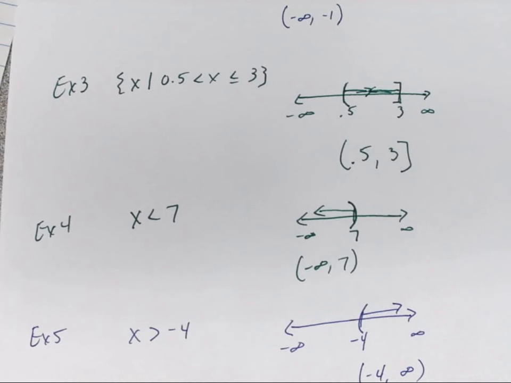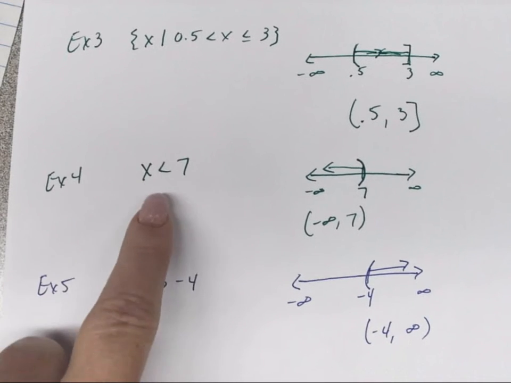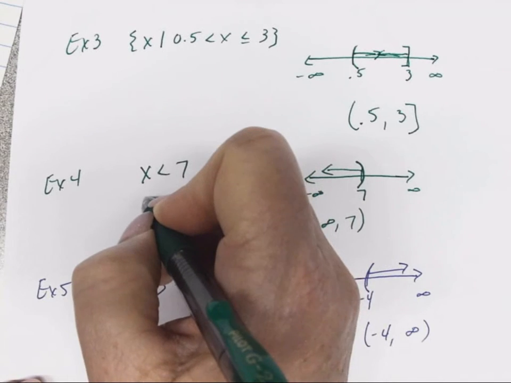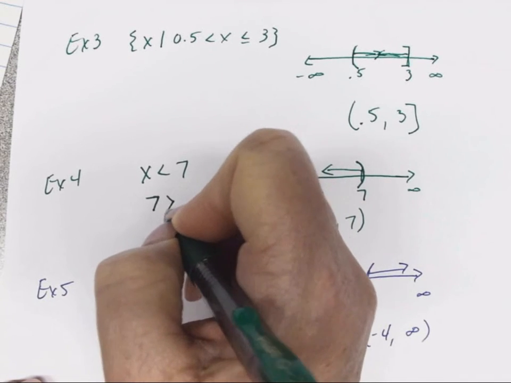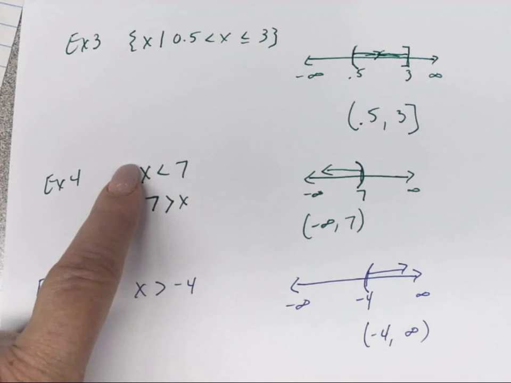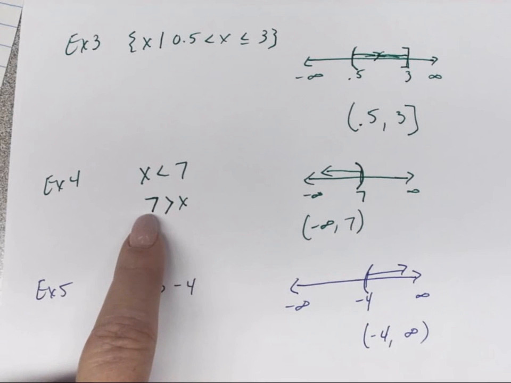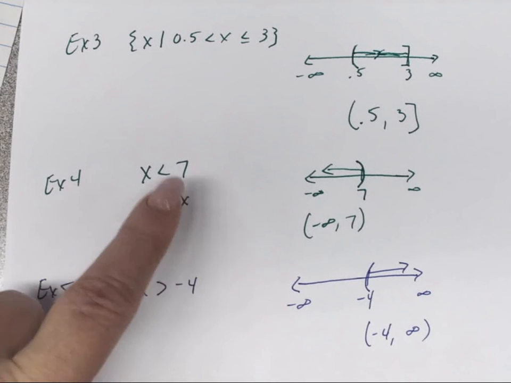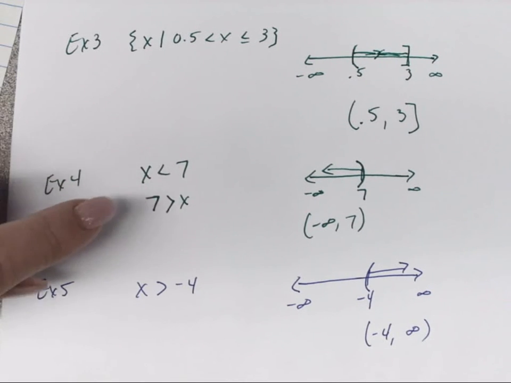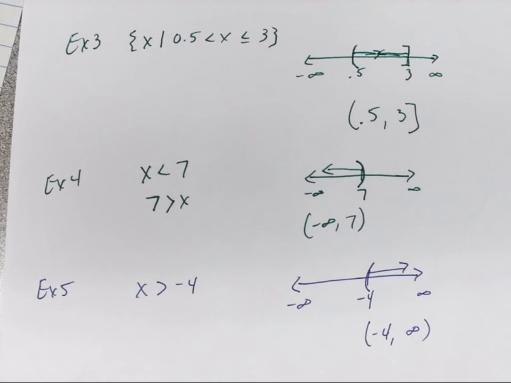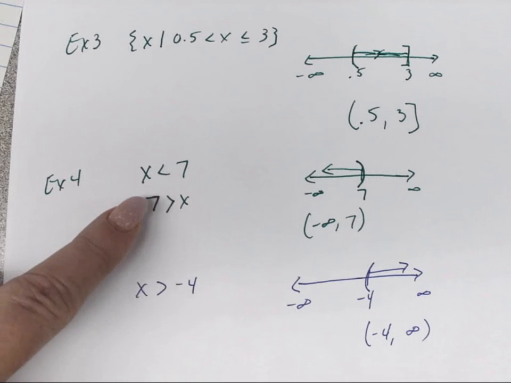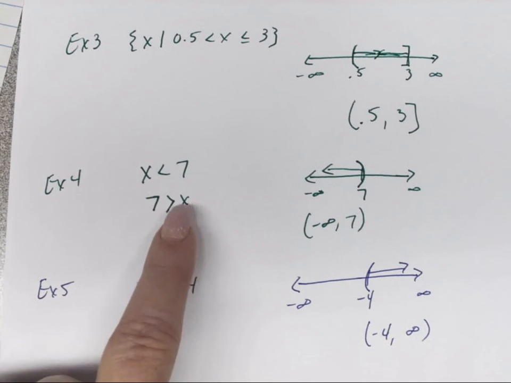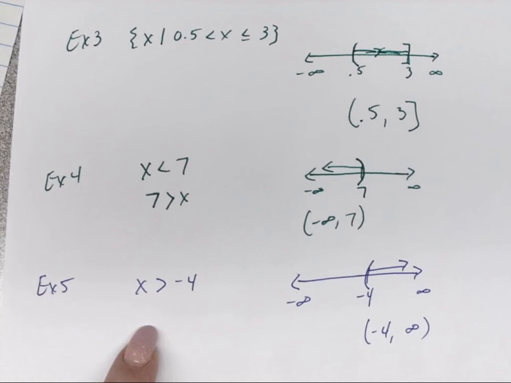Now, what I want you to be aware of is, yes, this points to the left and this points to the right, but if I rewrite this, this means the same thing. x is still less than 7. So it's not about the inequality sign; it is about how it's read. So this is x is less than 7. This is also x is less than 7. Same thing would happen down here.